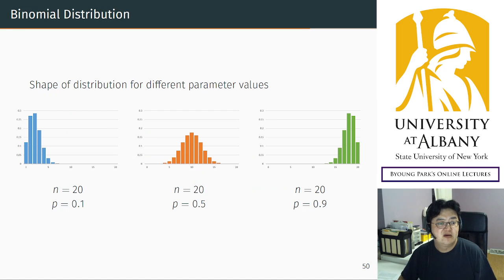And then the shape of the distribution can be depicted, like on Excel. I did it on Excel. So think about n equals 20. It's like you are throwing a coin 20 times. Then the distribution would be like this. On average, you will get heads about 10 times.